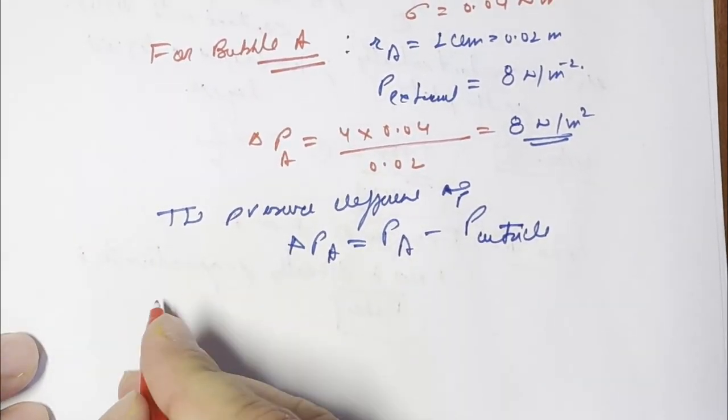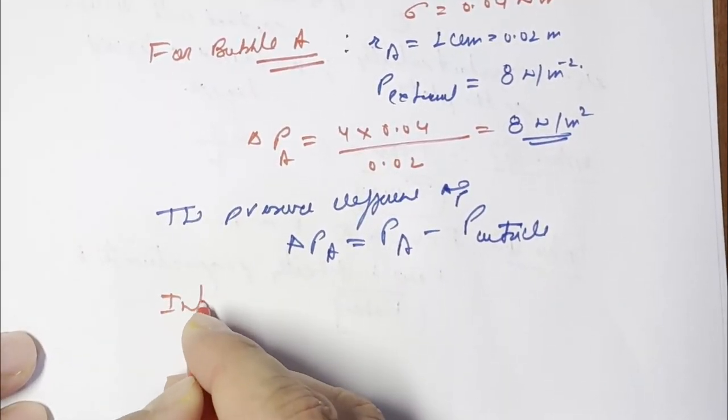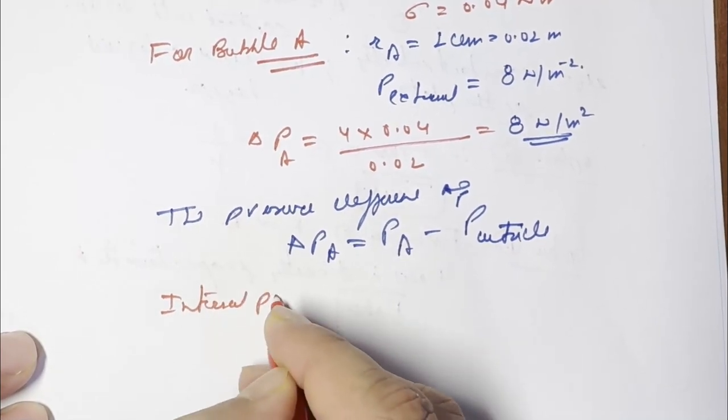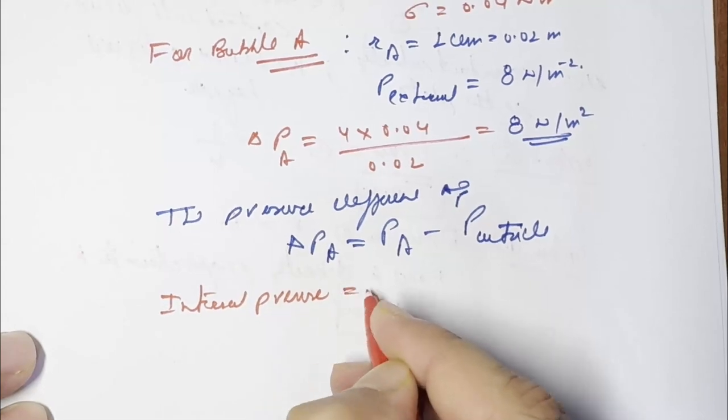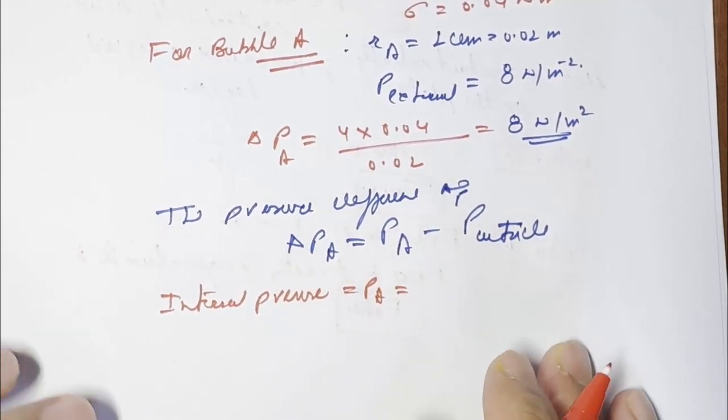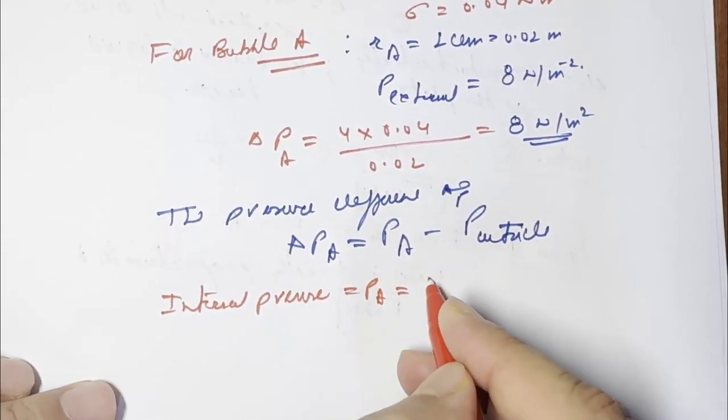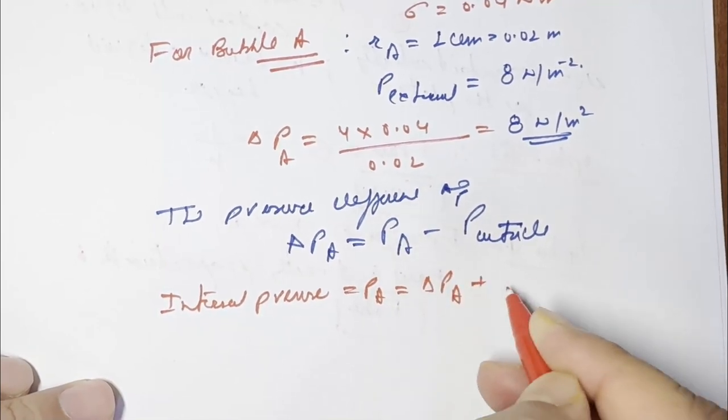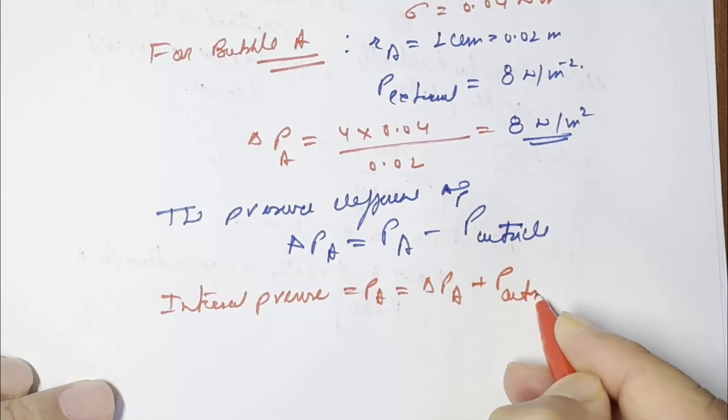So internal pressure PA will be equal to delta PA plus P outside.